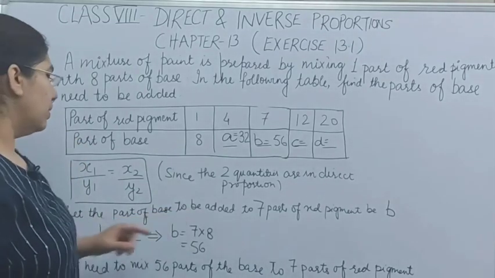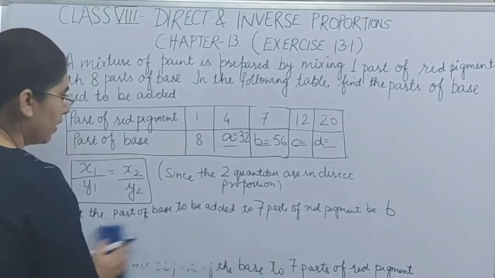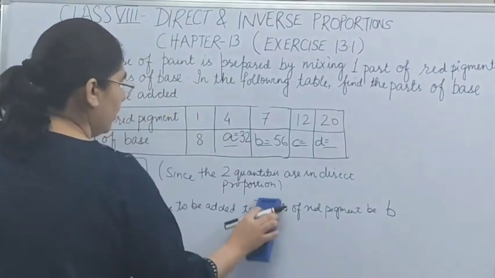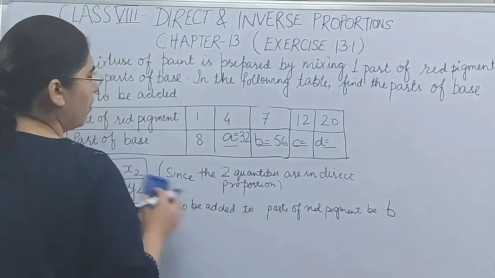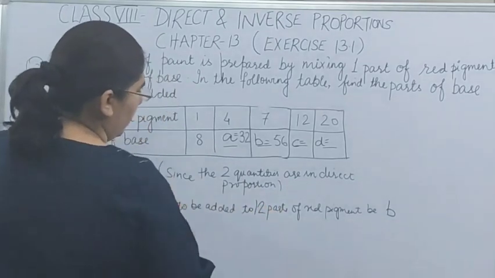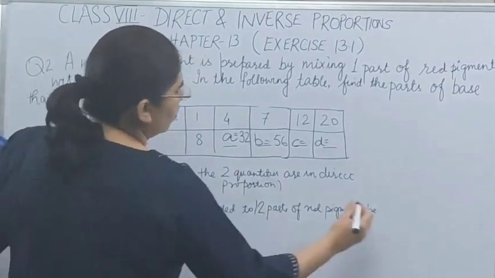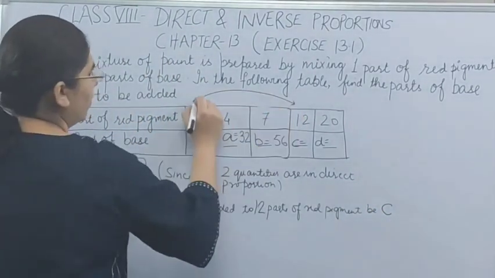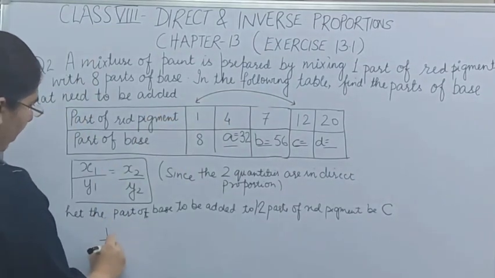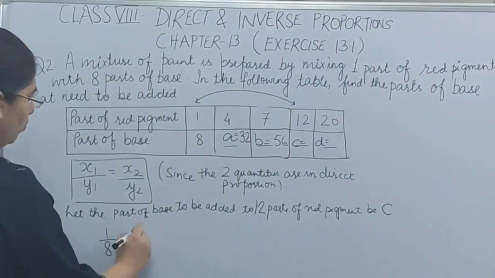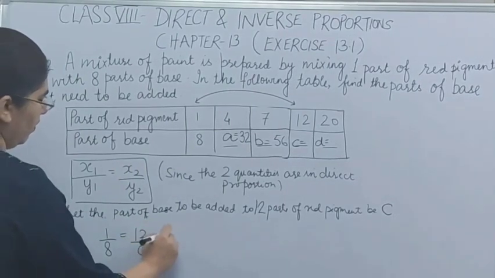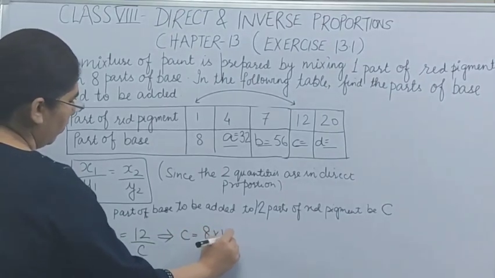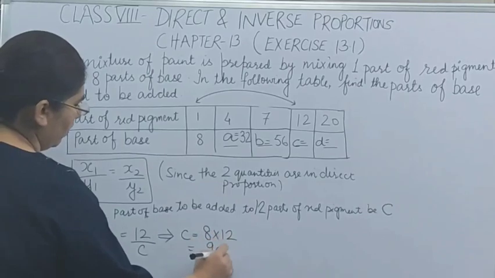Let the part of base to be added to 12 parts of pigment be C. So, here we write 12 parts of pigment, base C. So, again just by substituting the values, we take this: 1 by 8 equals 12 by C. This implies C is equal to 8 into 12, 96.